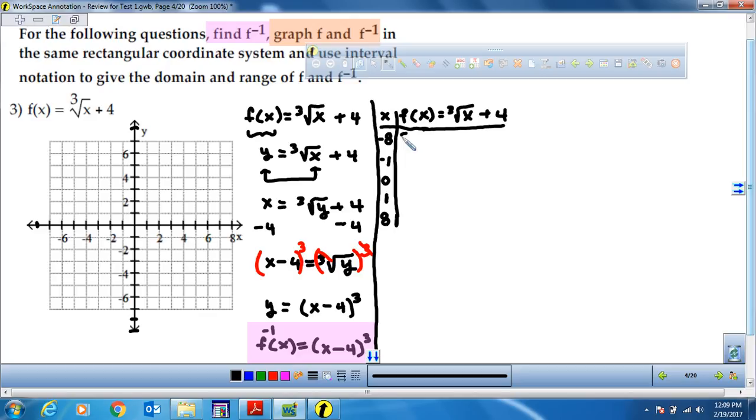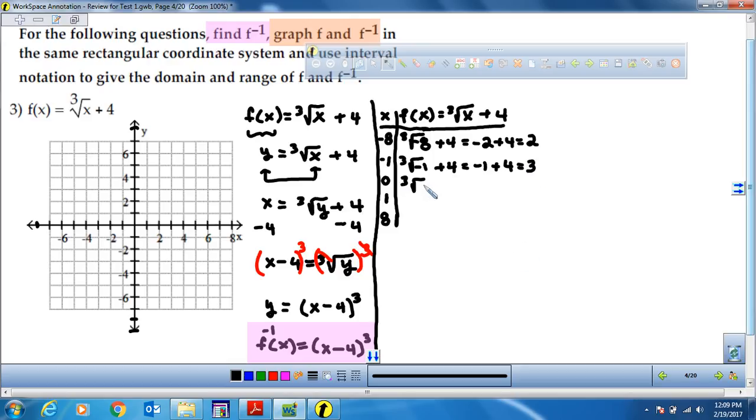Now if I substitute them: the cube root of negative 8 plus 4. The cube root of negative 8 is negative 2 because negative 2 cubed equals negative 8, but then plus 4 gives me a positive 2. Next, the cube root of negative 1 plus 4. The cube root of negative 1 is negative 1, and plus 4 gives me a 3.